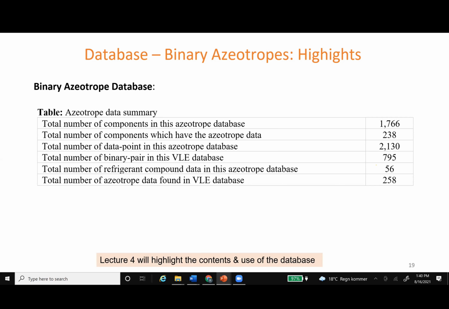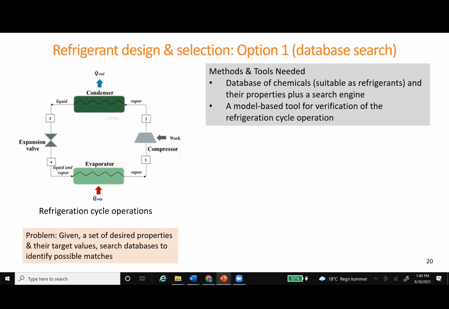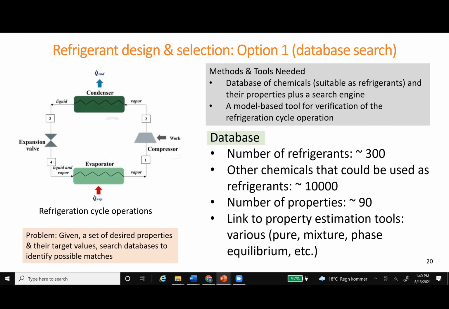So if we want to now solve the problem with database search, I can also give you some other information on the database. The total number of compounds that have been identified as refrigerants and given index R by some handbooks, there are only 300 of them.